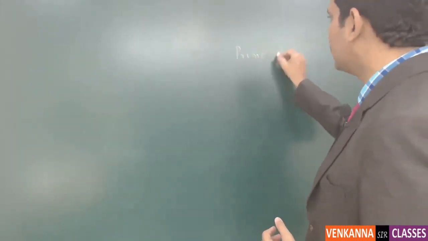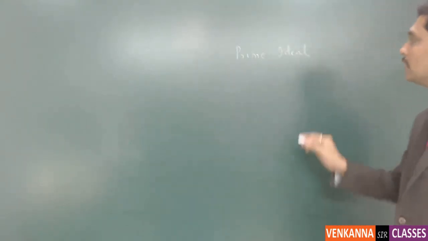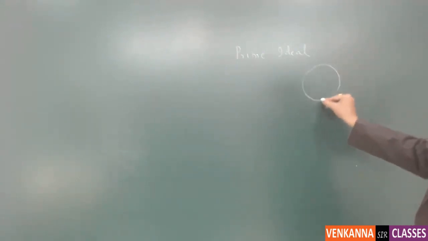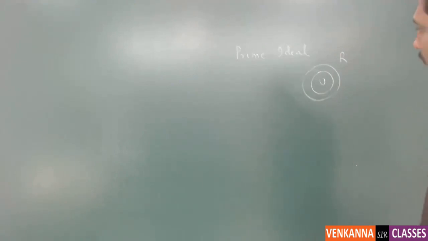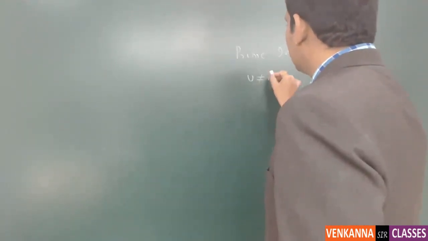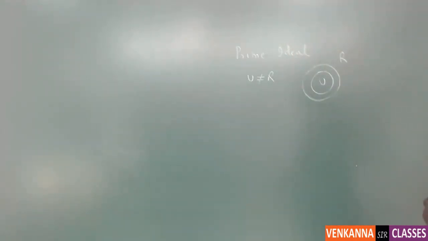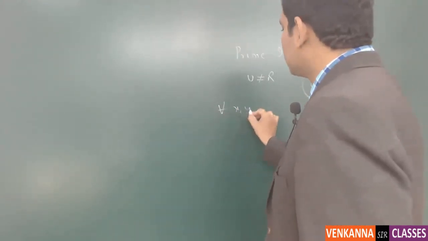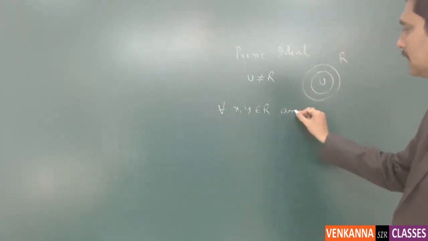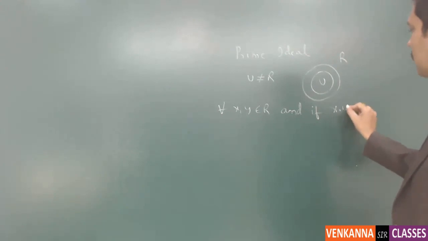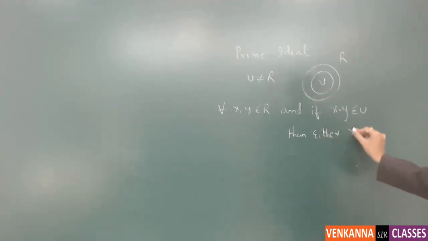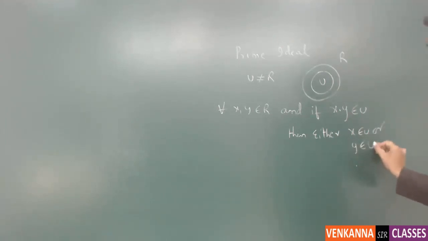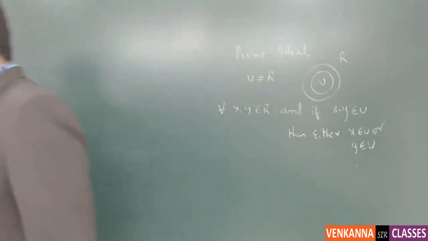The concept of prime ideal is given by: whenever you take the commutative ring R with unity and U is an ideal of R and U is not equal to R. U is an ideal which is less than R, a proper subset of R. So whenever you take two elements x and y in the ring and if the product xy belongs to the ideal, then either x belongs to U or y belongs to U. This condition must be satisfied by the ideal U. Then we say that it is the prime ideal.